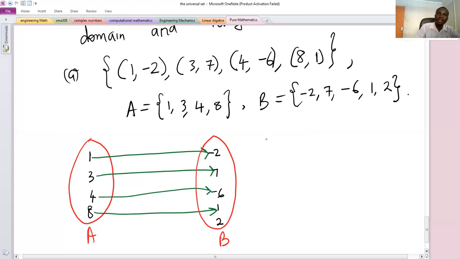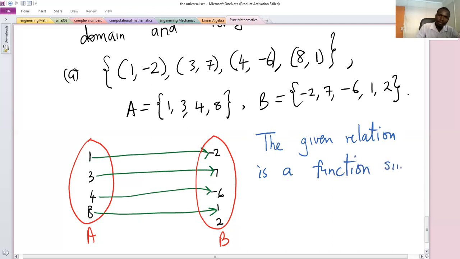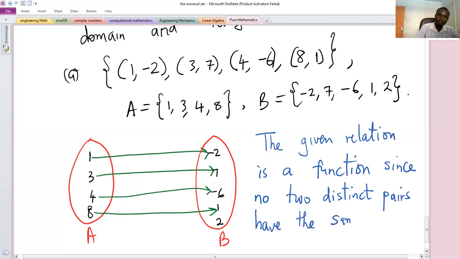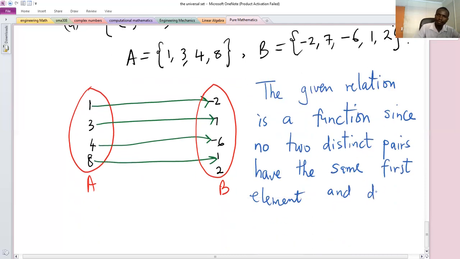So therefore, you say the given relation is a function since no 2 distinct pairs have the same first element and different second elements.